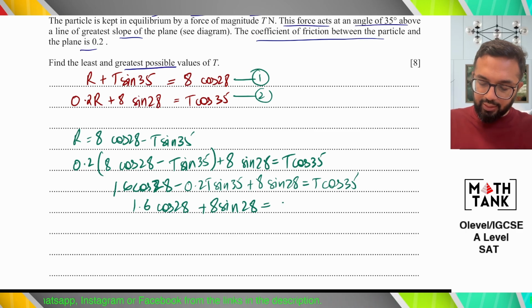What I get is t cos 35 plus 0.2 t sine 35. That's what I made a mistake on.